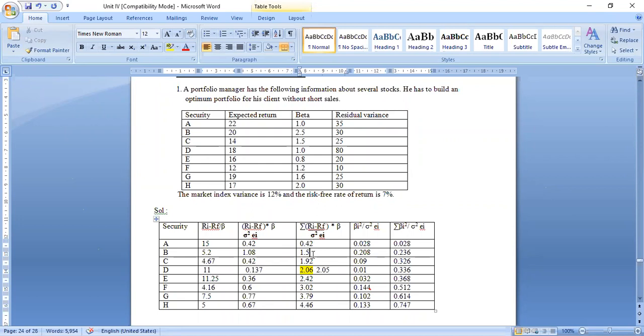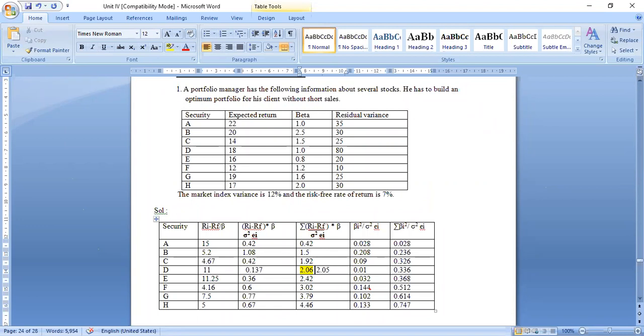Then we are going to start with the second part, that is 0.42 plus 1.08 will give us 1.5. As this is cumulative, it is going to be 1.5 plus 0.42 will give us 1.92, and 1.92 plus 0.137 will give us 2.057.